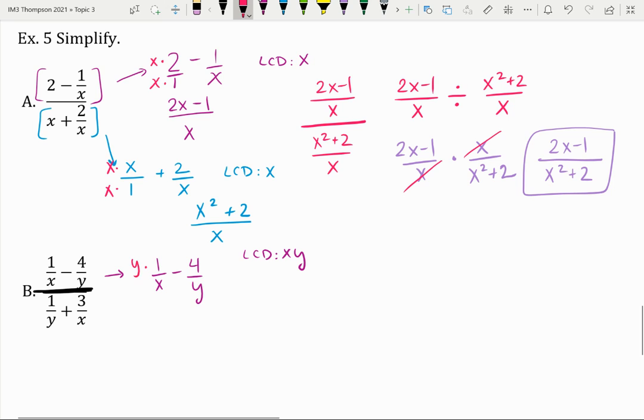So what am I missing on the left-hand side? I need a y. On the right-hand side, I need an x. So I have y minus 4x over xy.